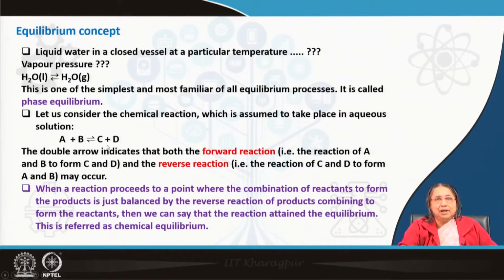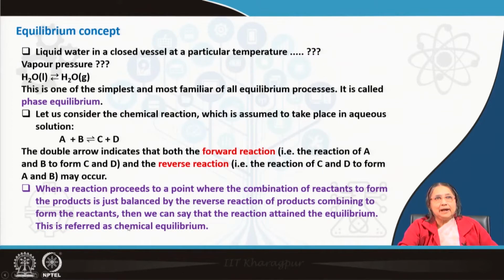Now, what is equilibrium? In this case, here it is phase equilibrium, but in this case we will call it chemical equilibrium. What is chemical equilibrium? When a reaction proceeds to a point where the combination of reactants to form the products is just balanced by the reverse reaction of products combining to form the reactants, then we can say that the reaction has attained the equilibrium.